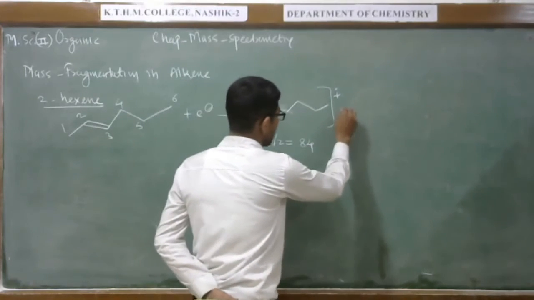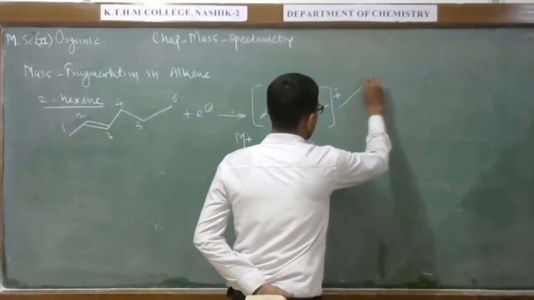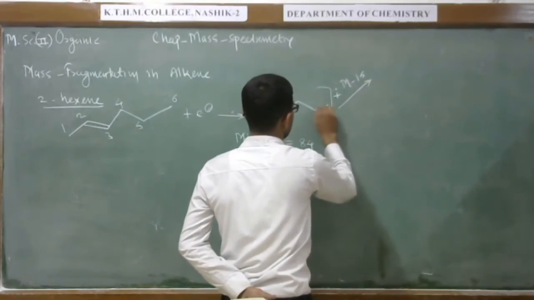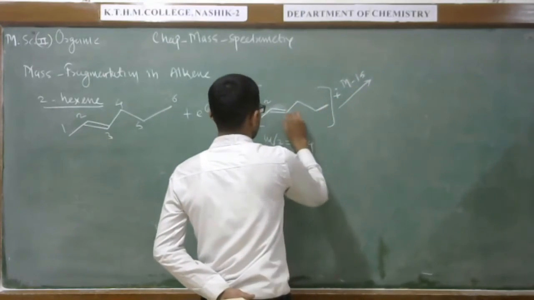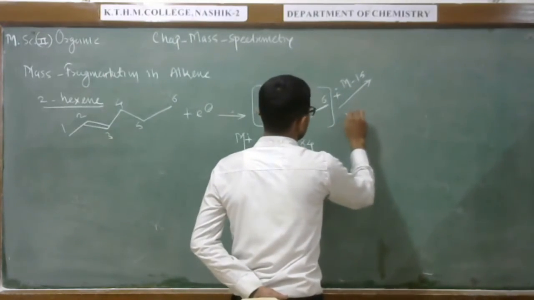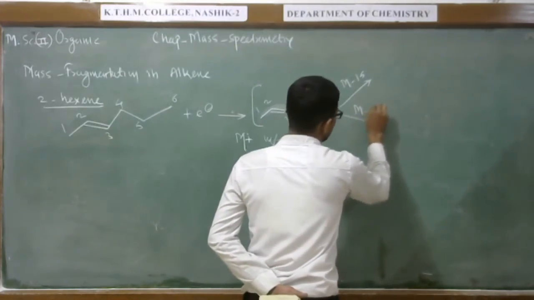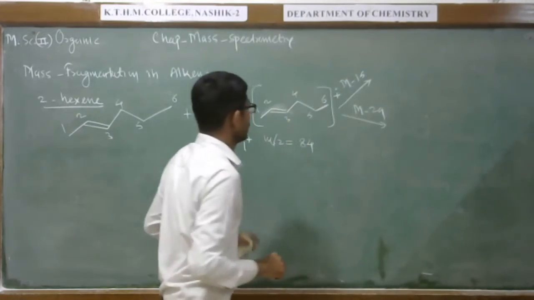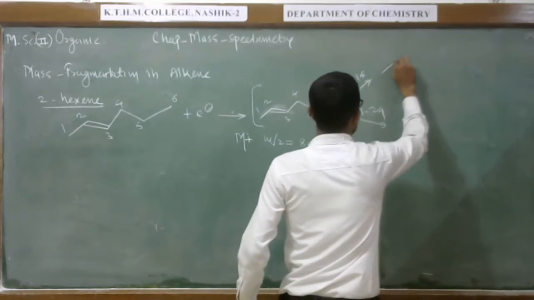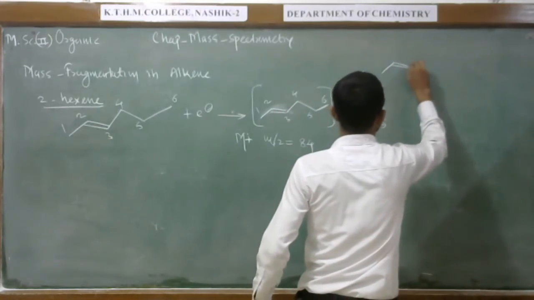So here, same as the above molecules, M minus 50, then M minus 29. So after loss of M minus 50, we can observe it like this.